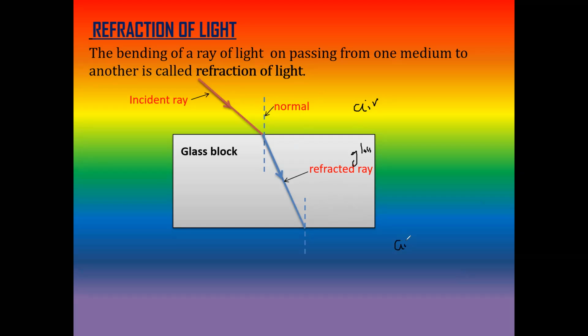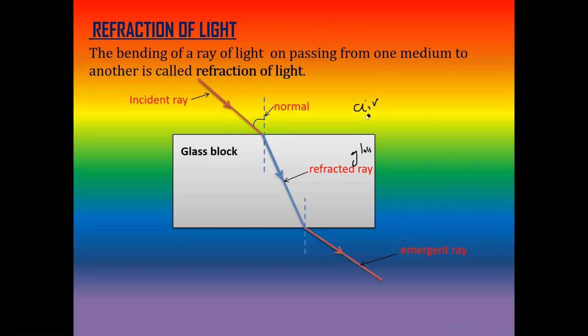What happens to the speed of the light? Does it increase, decrease, or remain the same? So the speed increases. If the speed increases, will it bend towards the normal or away from the normal? It will bend away from the normal, and that is called the emergent ray. The light which is coming out is known as emergent. So this is what happens in refraction.